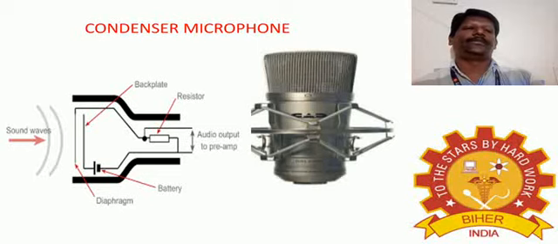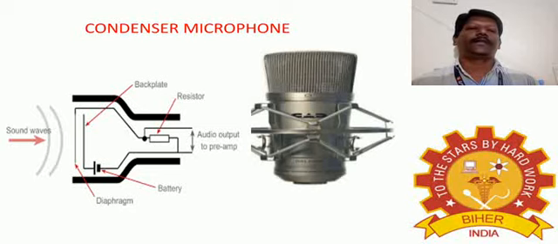So when you produce sound in front of the microphone, the vibration of air molecules falls on the diaphragm, and the diaphragm moves according to the vibration. If the diaphragm moves, the distance between the backplate and the diaphragm varies, so the capacitance also varies. So the vibration of air molecules is converted into an electrical sound signal.